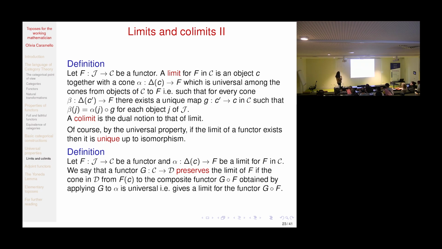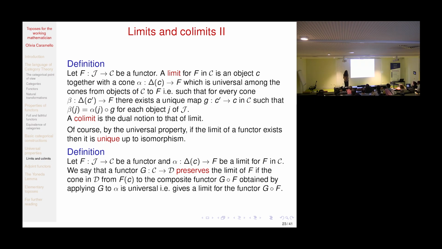So the notion of colimit or limit preserving functor. Well, if we have a diagram in a category, and a functor going from that category to another category, it makes sense to introduce the notion of limit preservation by that functor.